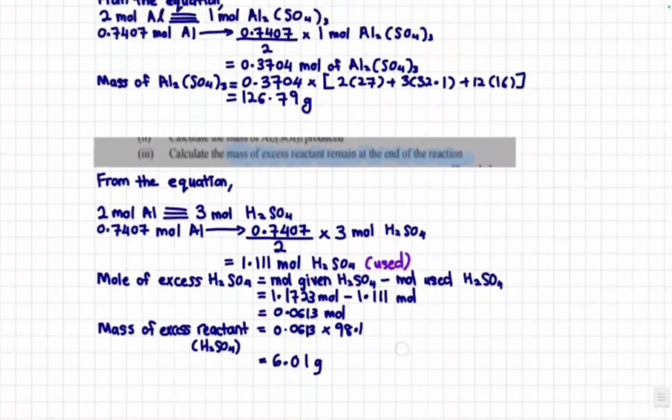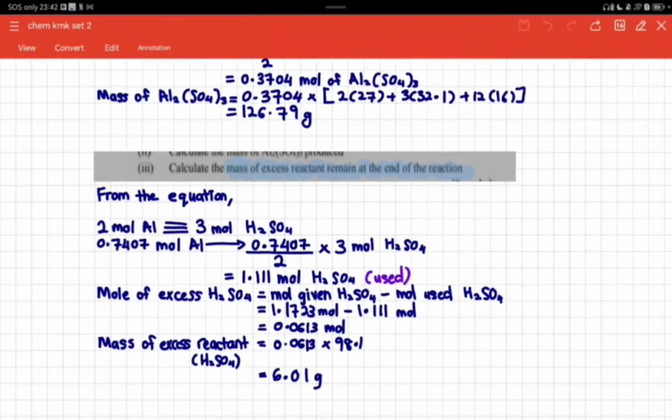So in this case, the mass of excess reagent is the mass of excess sulfuric acid. We do the calculation just like the first calculation that we did just now, and we get the number of moles of sulfuric acid used, 1.11 moles.